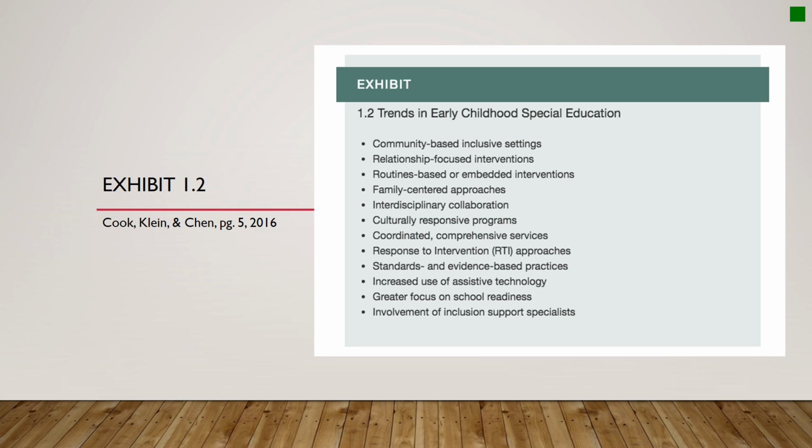And as we go through the domain-specific modules, such as social and emotional development, we're going to be linking the practices that we talk about there back to these general principles and trends. So really, students are expected to be familiar with these. We will discuss how they're modified and applied to the specific areas of development through case studies and personal examples.